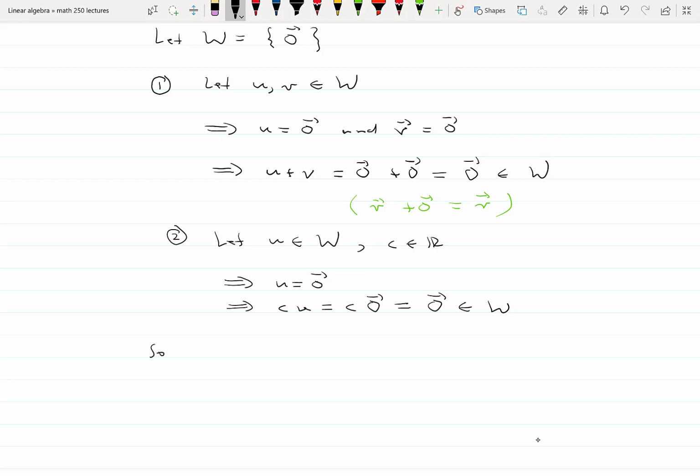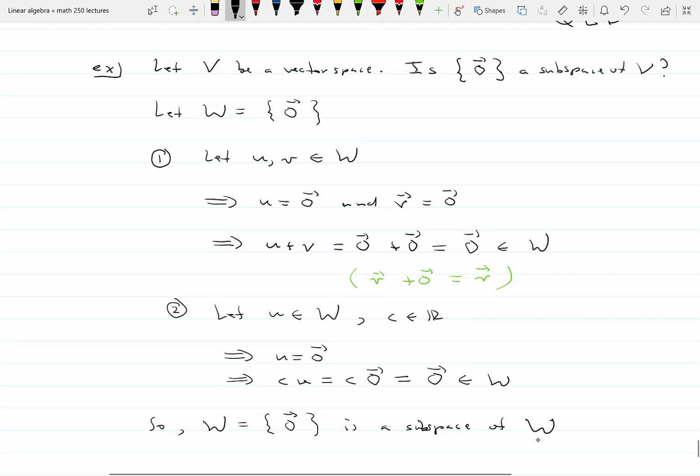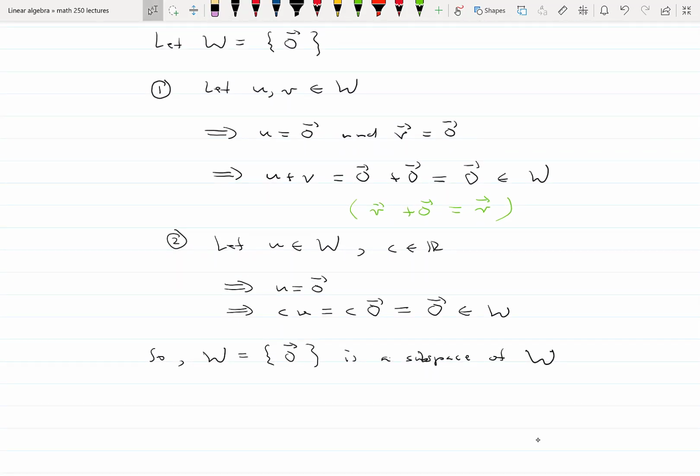So the subset of any vector space that only has one element, the zero vector, is a subspace. And I've been identifying a subspace of V, sorry about that.